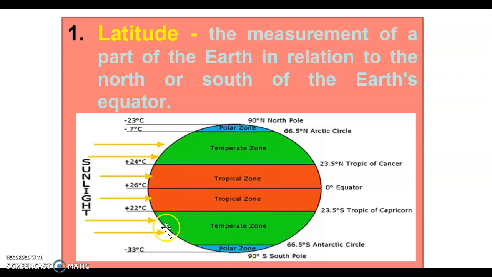We have different zones at different latitudes of the Earth simply because the sunlight can reach the tropical zone, not so much the temperate zone, and less to no sunlight in the polar zone. So that is what we mean by latitude affecting our climate.